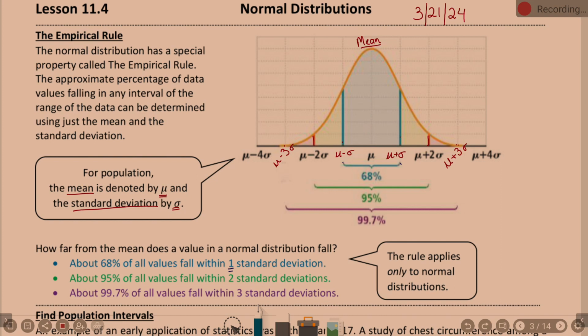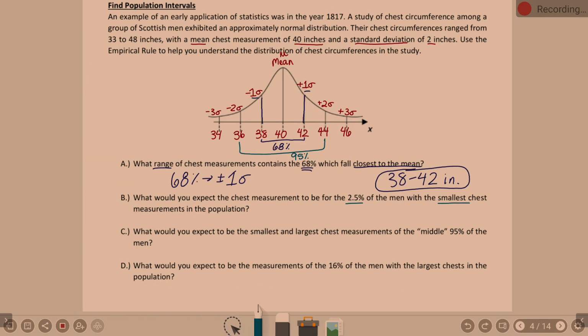Now, we're going to do some very basic math. What is 100 minus 95? 5%. Then you divide it by 2. 100 minus 95 is 5. Fair enough? Now, I'm going to try and do a picture here.